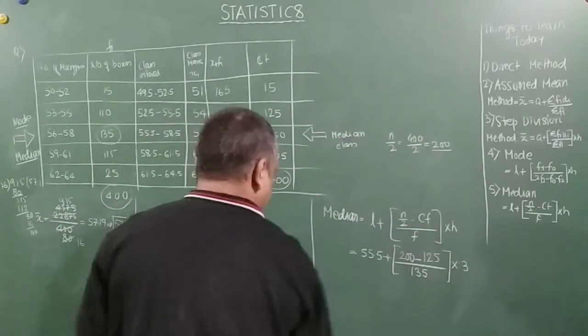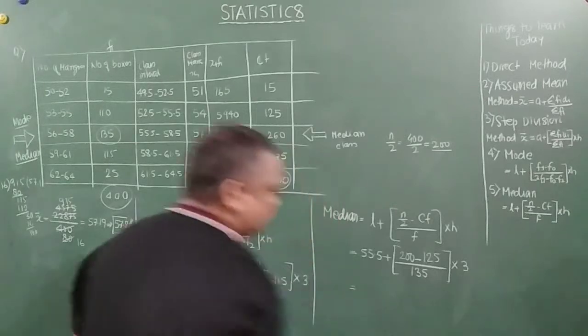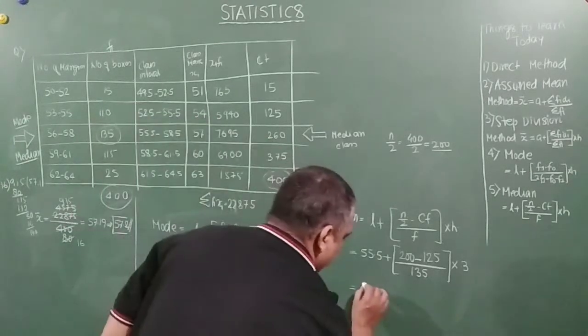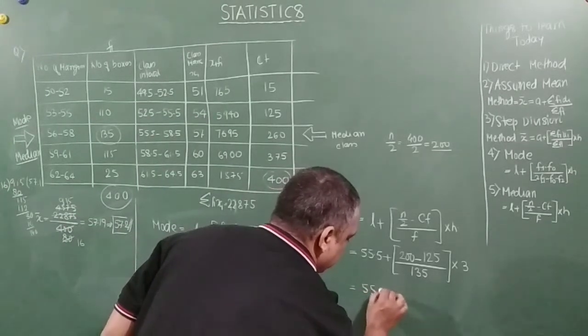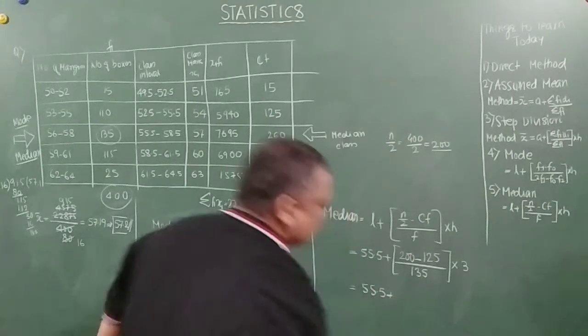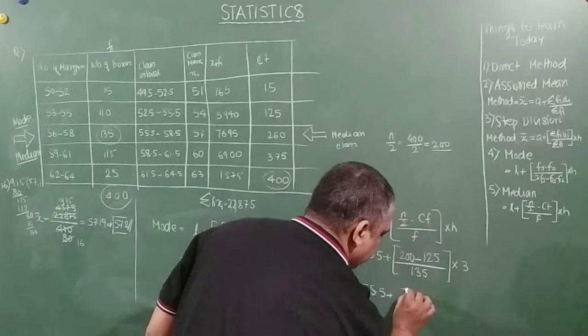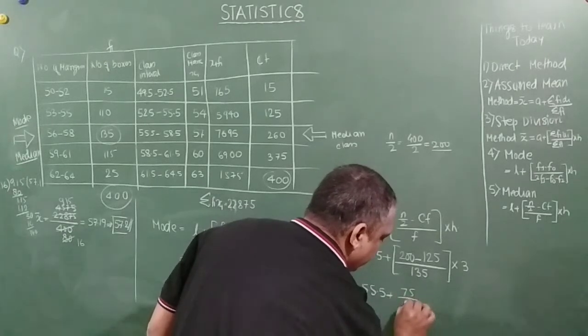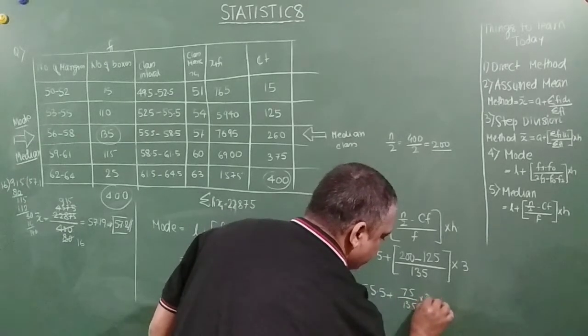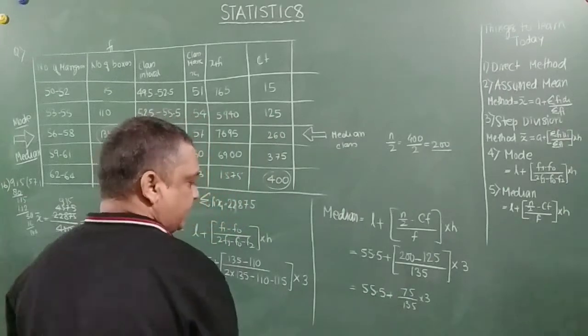Right? Okay. So we can solve it. 55.5 plus this is 75 divided by 135 into 3, right?